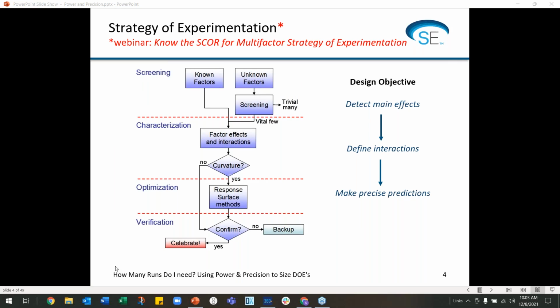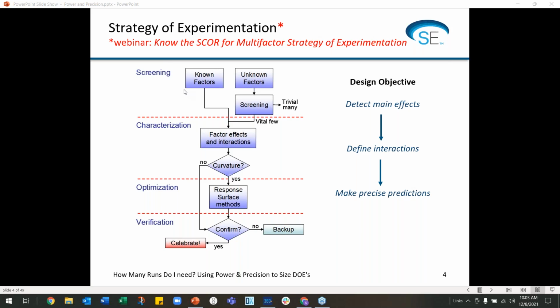We typically talk about experimentation with a strategy that follows the SCORE method: screening, characterization, optimization, and verification, or sometimes we have other words for it. A more complete discussion of this method can be found in our webinar called Know the Score for Multi-Factor Strategy of Experimentation. That is posted on our webinars page, or it's on our YouTube channel.